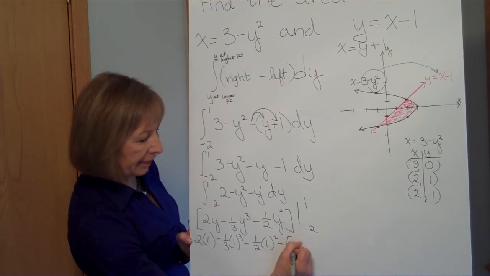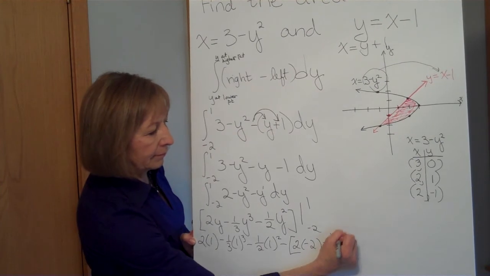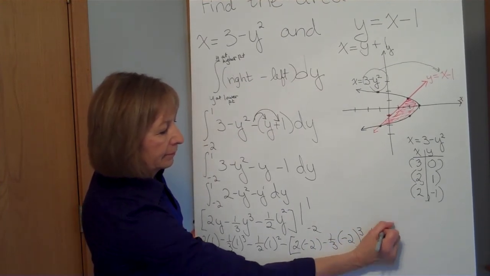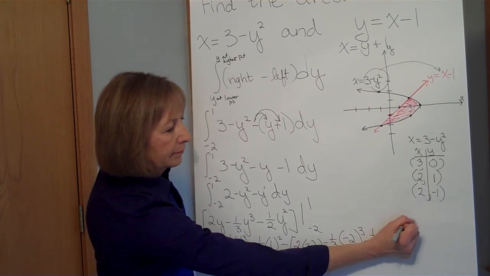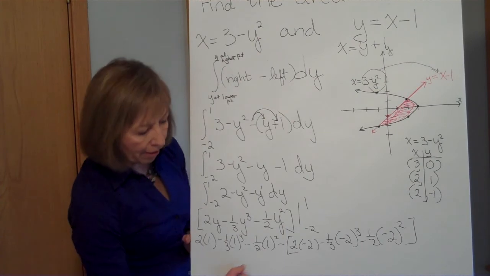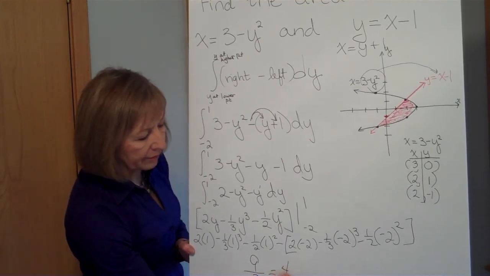Minus, plug in the -2. And when you work that all out, you'll get an area of 9/2, or you can write that as 4.5.